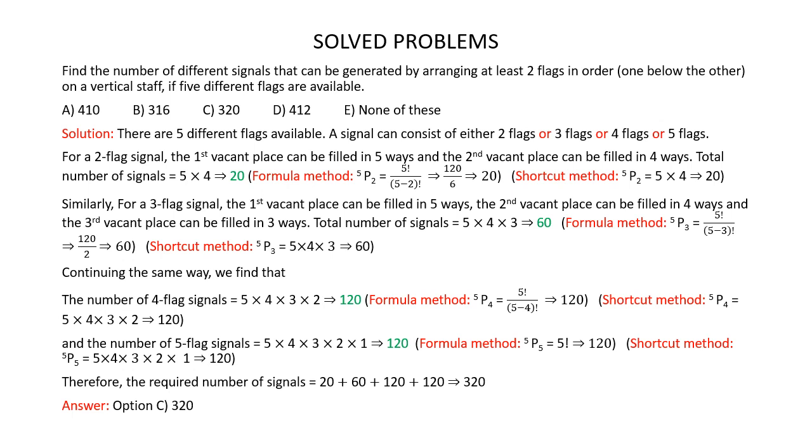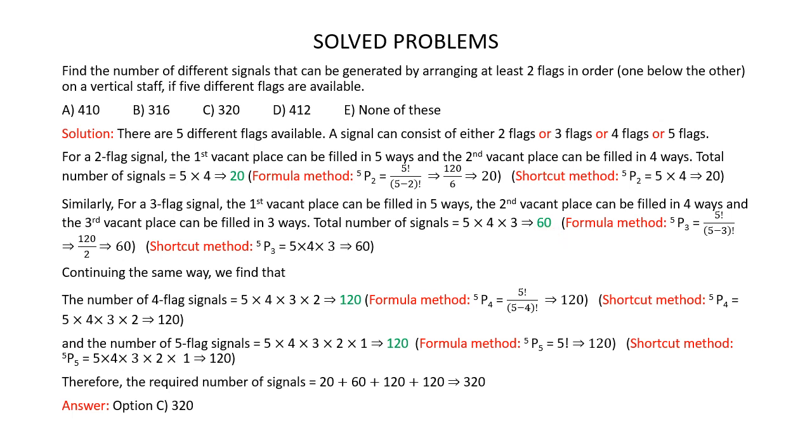So the second vacant place can be filled in 4 ways. Similarly, since one flag has been used to fill the first vacant place and one flag has been used to fill the second vacant place, now there are only 3 flags left. So the third vacant place can be filled in 3 ways. So the total number of signals is 5 multiplied by 4 multiplied by 3, which is 60. So 60 three flag signals can be formed.